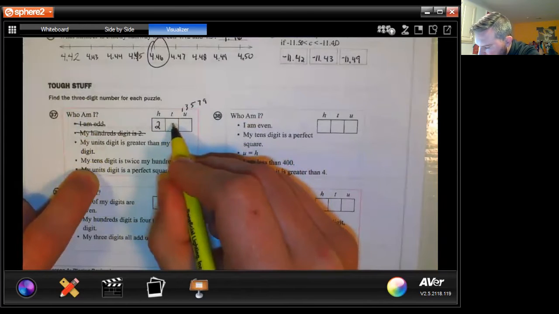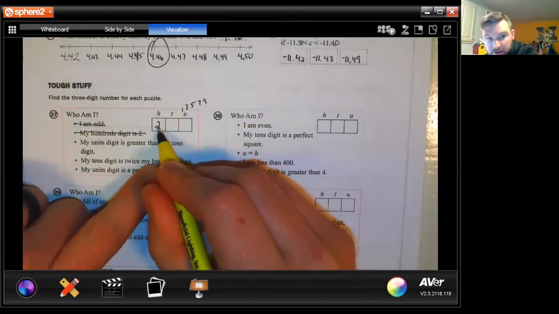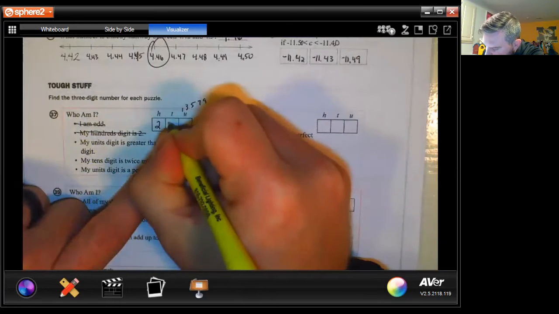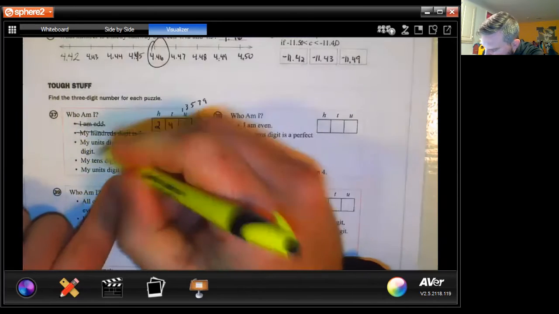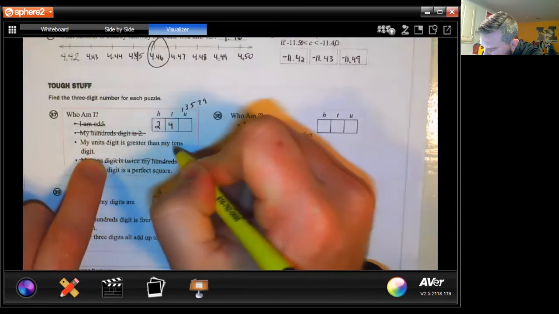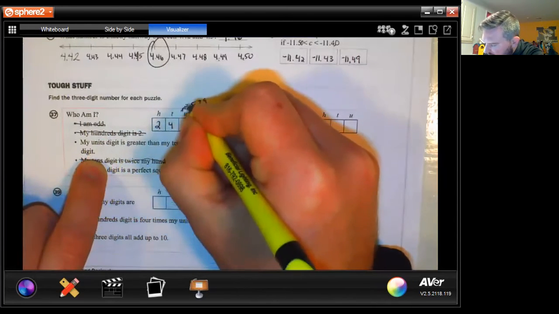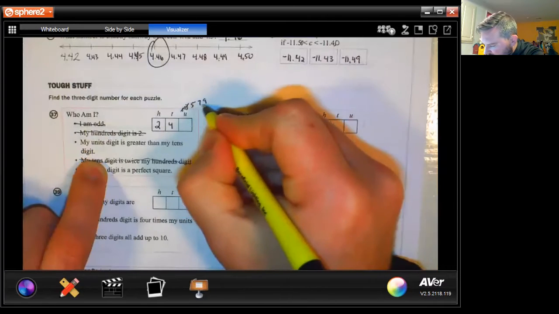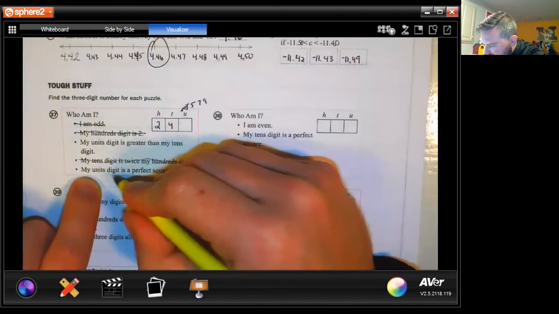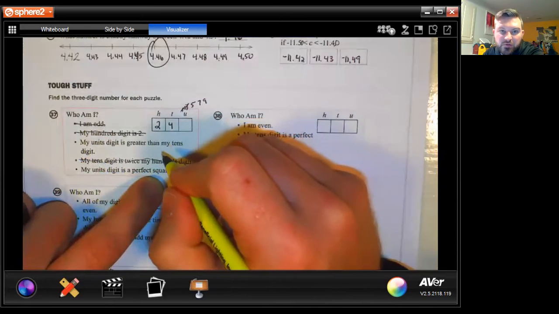My tens digit is twice my hundreds digit. Here's the hundreds digit. 2 times that is 4. So we got that one. My units digit is greater than my tens, and because this is 4, you can't have a 1 or a 3 there. So it's 5, 7, or 9. My units digit is a perfect square. Remember, we've talked about perfect squares before.